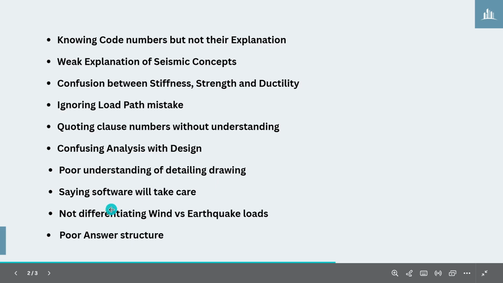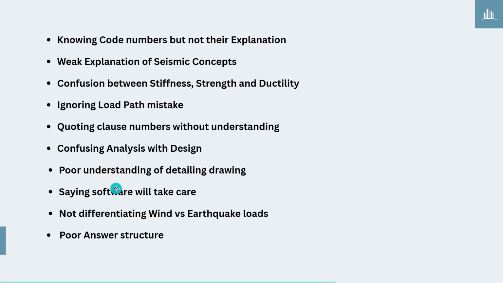And the next thing is poor understanding of detailing drawings. Most candidates can perform analysis and design beams and columns, but they cannot read or interpret the drawings properly. This is the main concern. Detailing drawings are extremely important because they control safety, constructability, cost, and site execution.